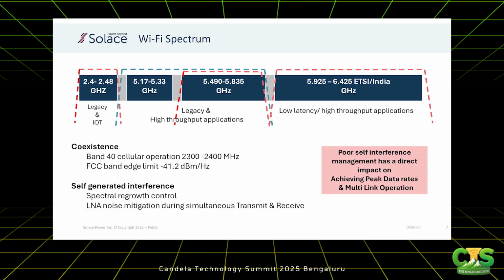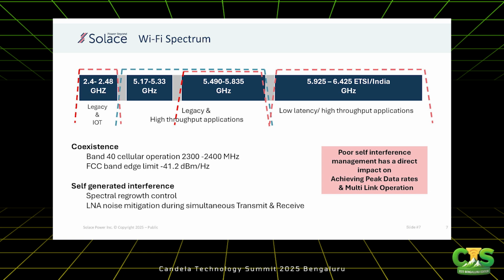Next, we'll touch on the spectrum and the filtering. You must be aware that with Wi-Fi 6 and Wi-Fi 7, now you can operate in 3 bands. You have the 2.4, you have the 5 low and high, and the 6 low in India now. In the US and under the FCC, you still have the whole 1.2 gigahertz in 6 gigahertz.